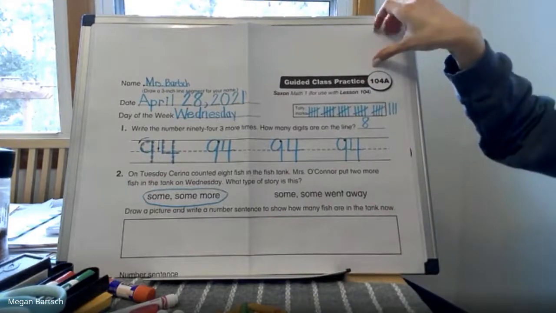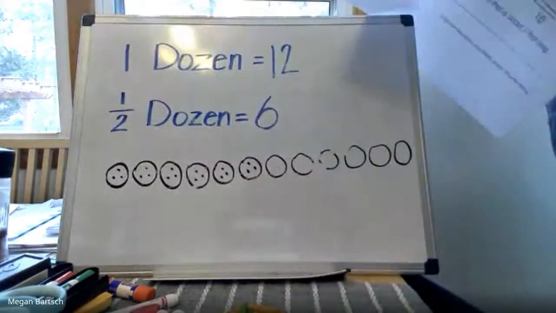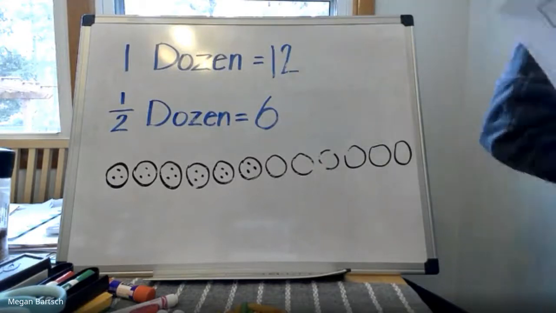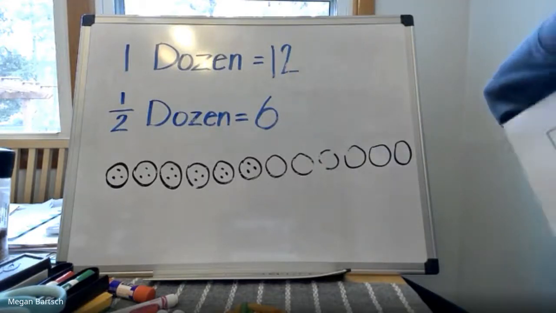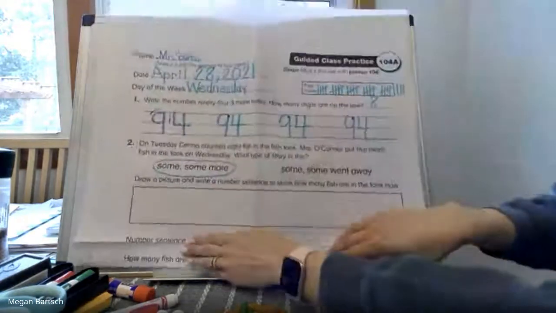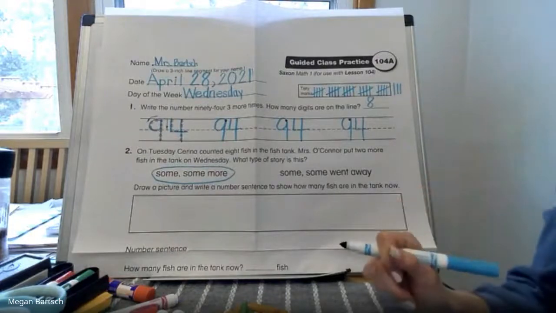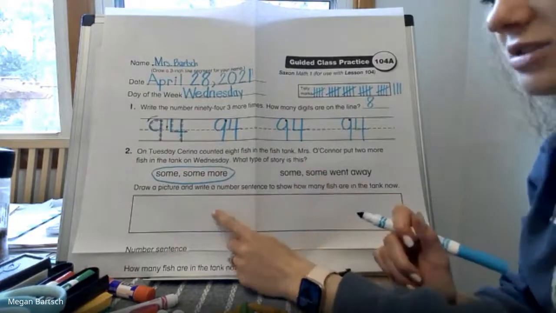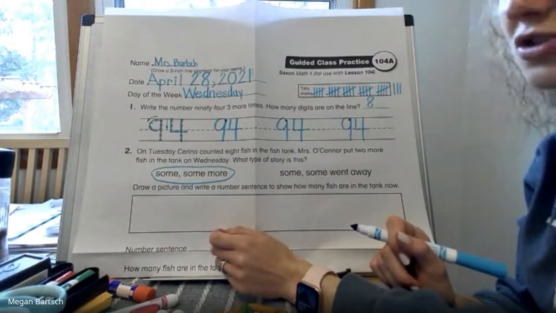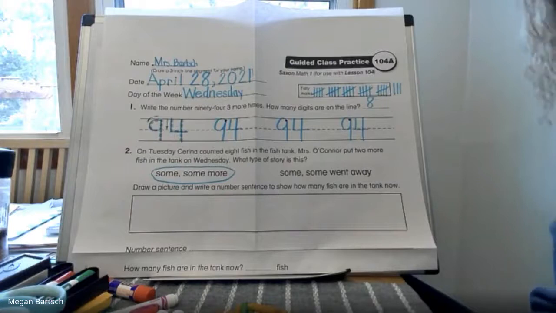All right, I have to fold this so that you guys can see this a little bit better. Please be patient. It says we need to draw a picture for this. So Serena counted 8 fish at first. What letter starts fish? Drawing fish is a little tricky, but what letter starts fish?